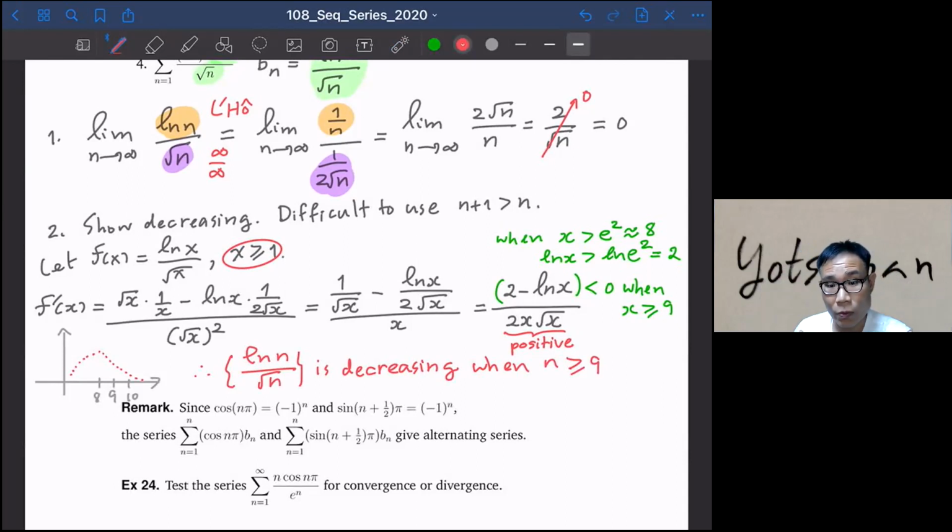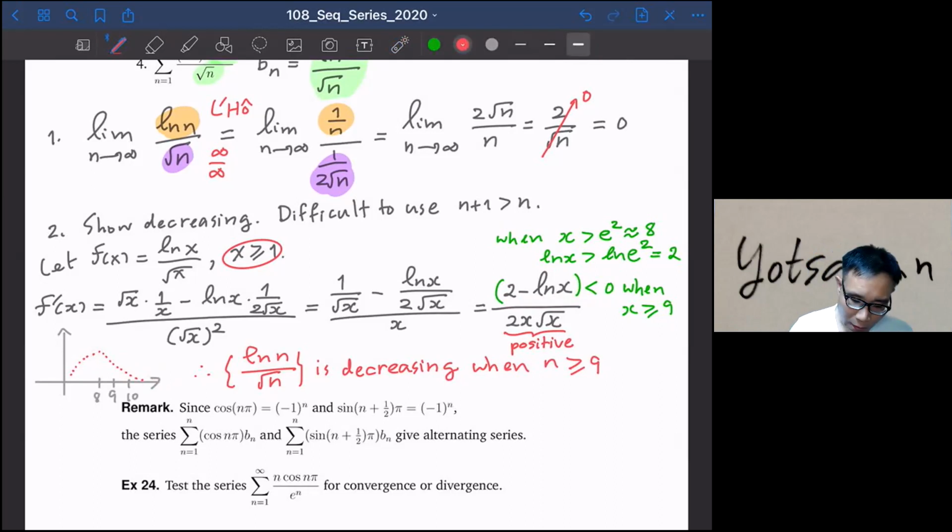It comes from solving a small equation: if you let this equal 0, you must have x equal to e squared, and you just estimate e squared. Then we're able to use the alternating series test to show that this series is convergent.